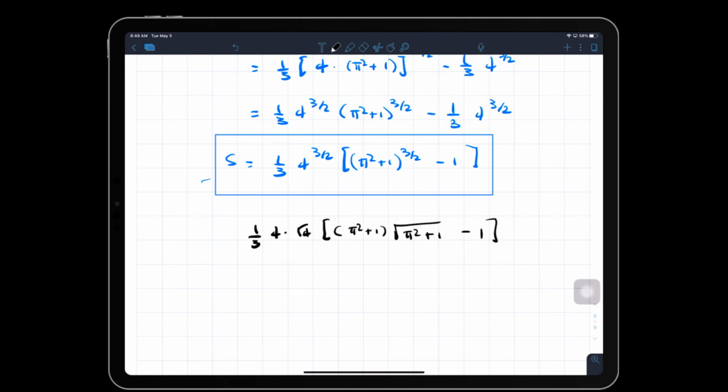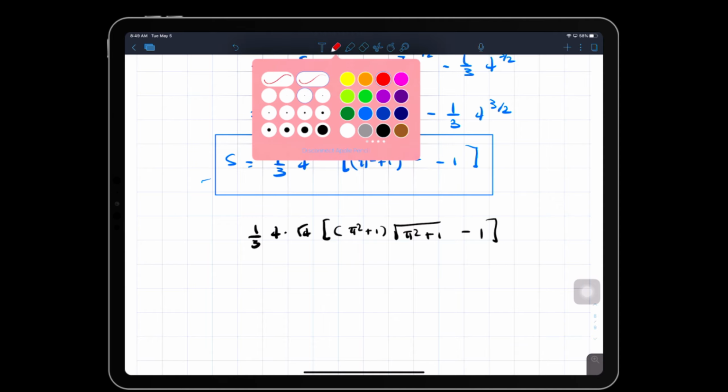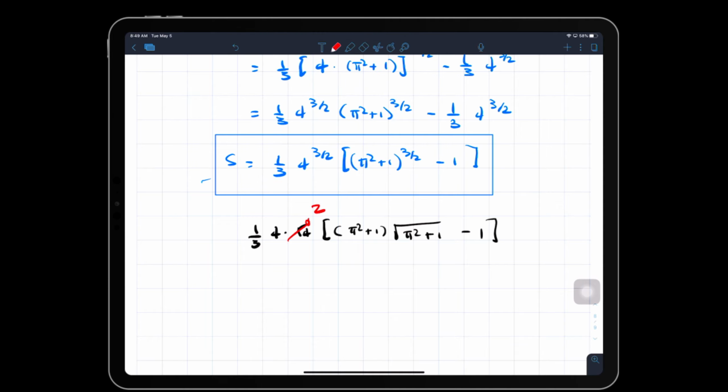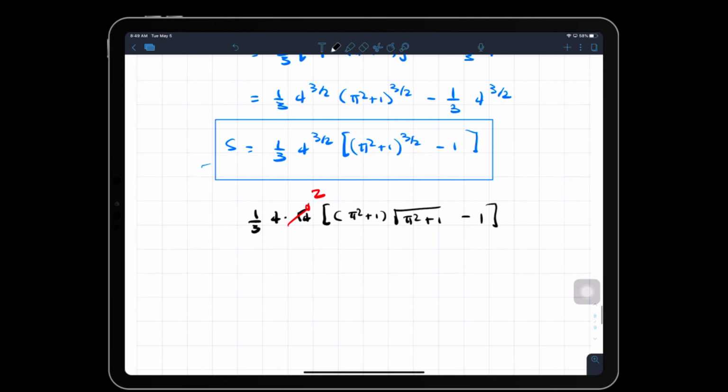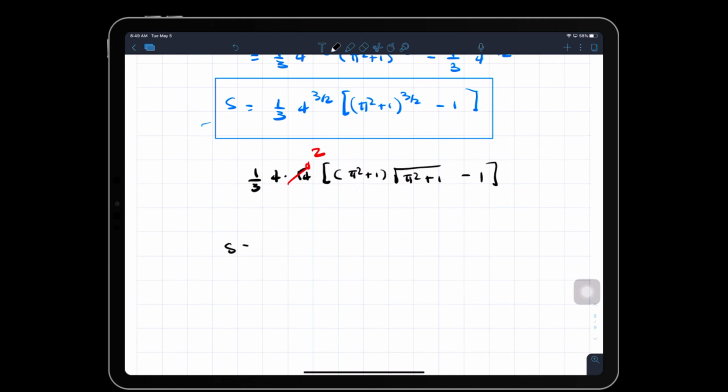So you can end up seeing in the back of the book, if I change this, square root of 4 is actually 2, right? So you can see something like this in the back of the book, that the arc length is really 8/3 times pi squared plus 1 square root of pi squared plus 1 minus 1.